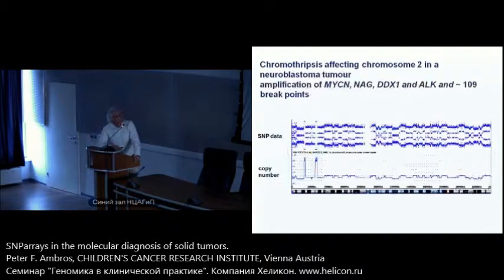And this results in this very peculiar situation where you see there are 2 amplifications, but all these ups and downs, this oscillation of a 2-copy and a 1-copy state, is a clear indication of this chromothripsis. So there, I counted here 109 breakpoints, quite a bit on one chromosome. The rest of the genome is completely untouched. It's only one chromosome or part of a chromosome really split into these 3 fragments.